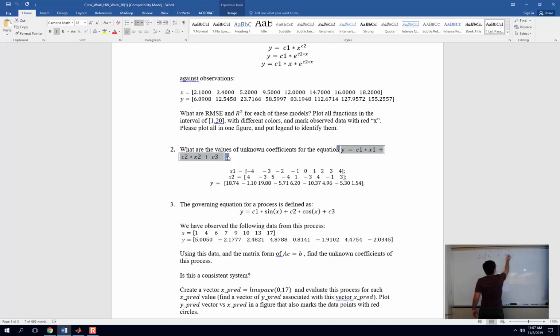Now that's ones, not 1, right? Because it's a column of ones. Ones of what? Length of x1 or length of x2? Or does it matter? It's a column. It's not a 3 by 3. It's a column of ones. But how many ones should I have in there?